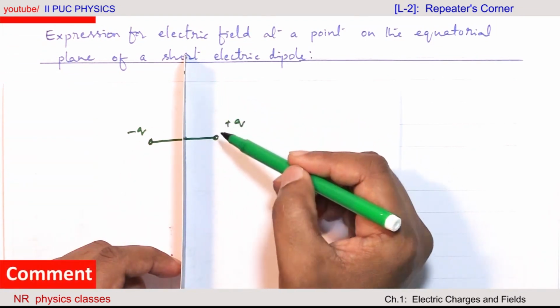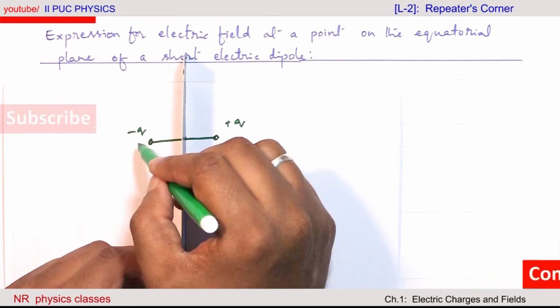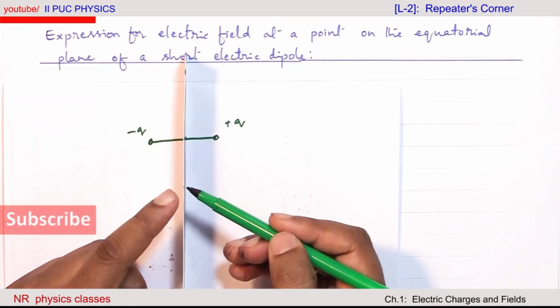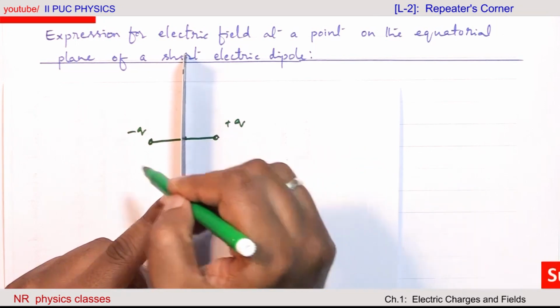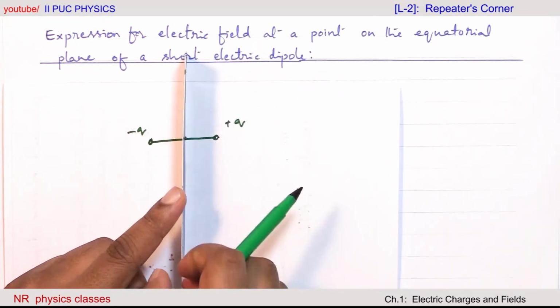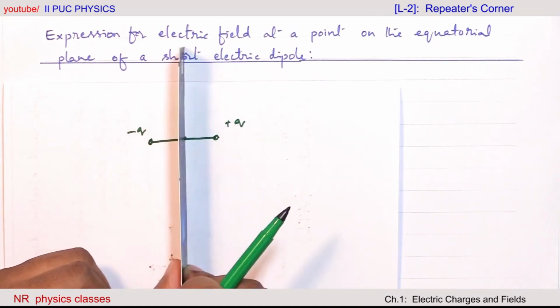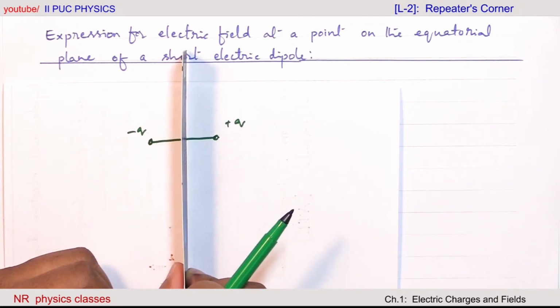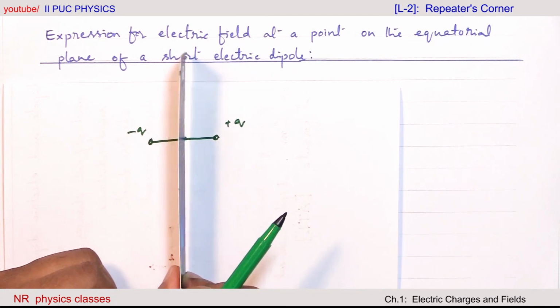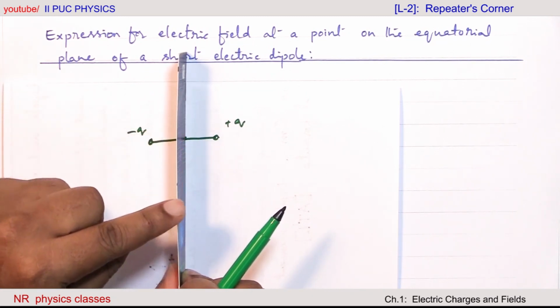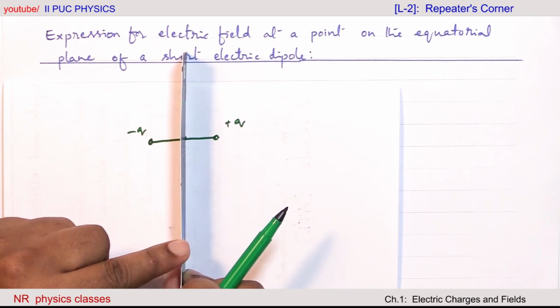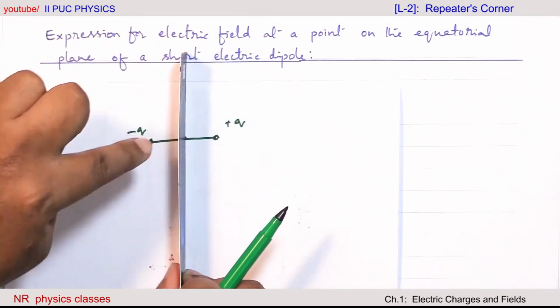Distance between these two is equal to these two. If you consider this point to plus q, this point to minus q, distance is the same. So an imaginary vertical plane perpendicular to the axis of the dipole is the equatorial plane. Why it is called the equatorial plane: every point on the equatorial plane is equidistant from these two charges.